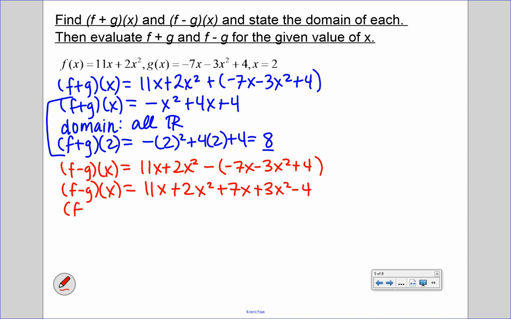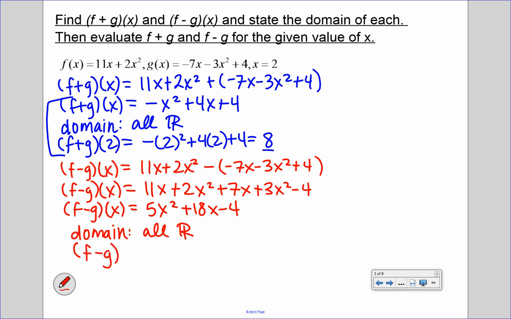Now we can combine like terms. And what we end up with is 5x squared plus 18x minus 4. A domain for this one is all real numbers. And then we're going to evaluate f minus g of 2. So we're going to plug in a 2 to everything.